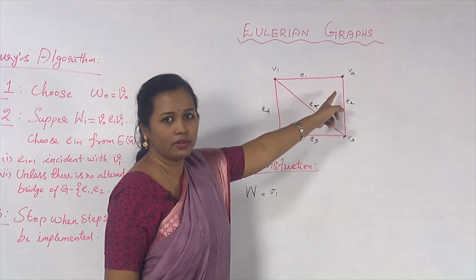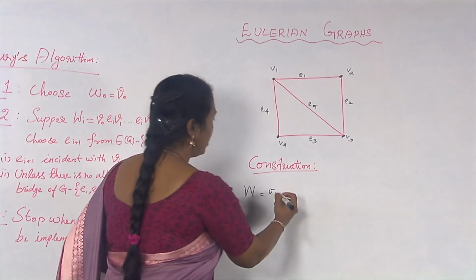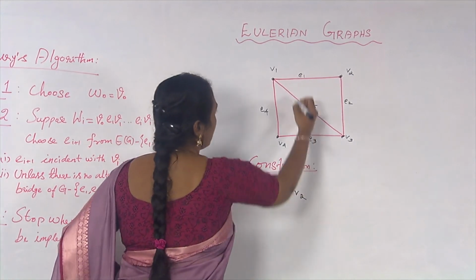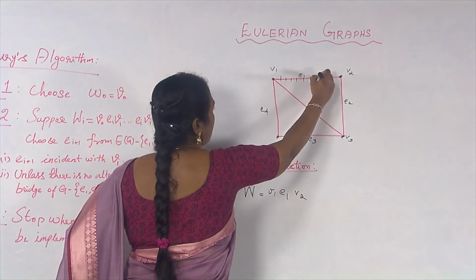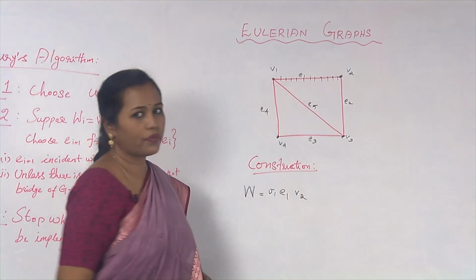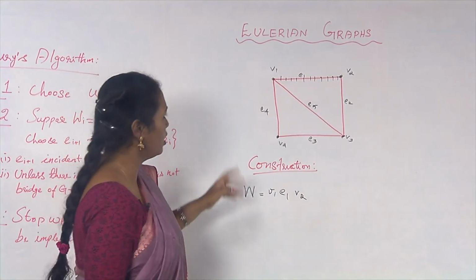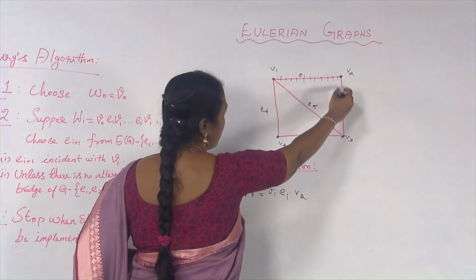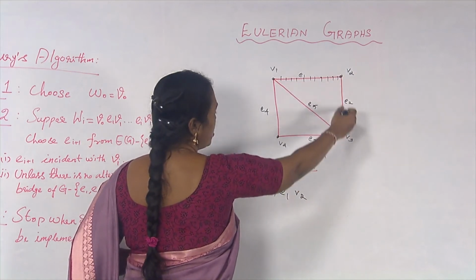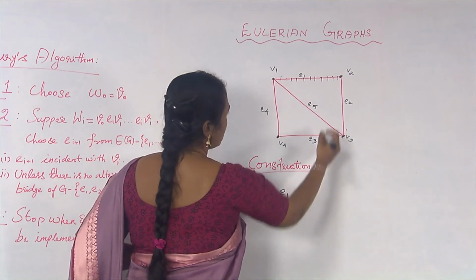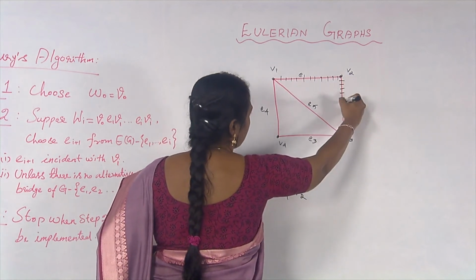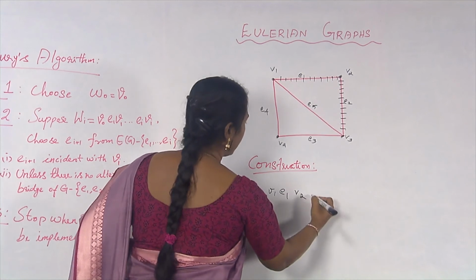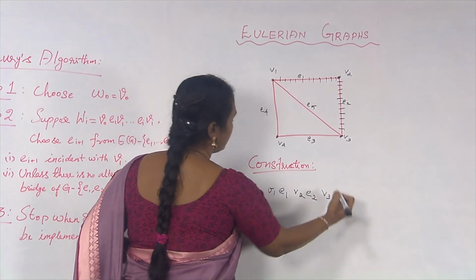I am choosing E1. So, E1, V2, and I am removing this edge from the original graph G. Now at V2 there is only one choice, namely E2 and the vertex V3. I am removing this edge and I write E2, V3.